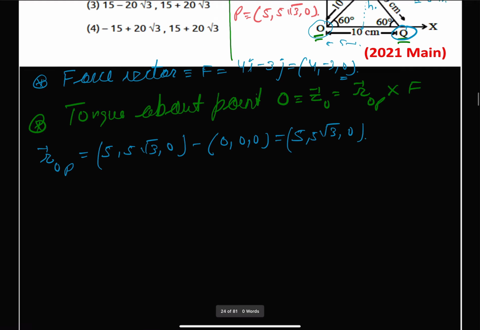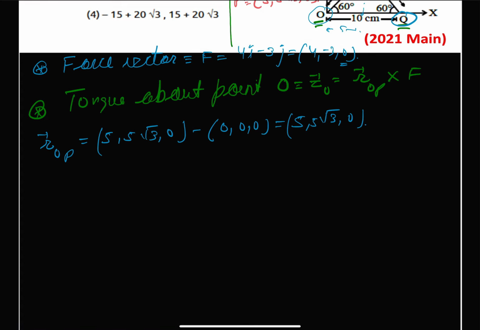And we can write that tau O will be equal to 5, 5 root 3, 0 cross product 4, minus 3, 0.